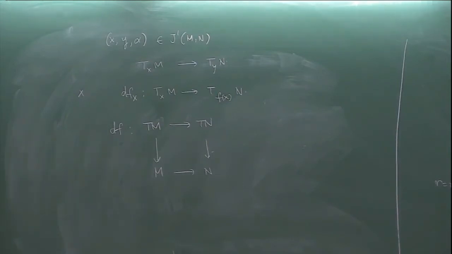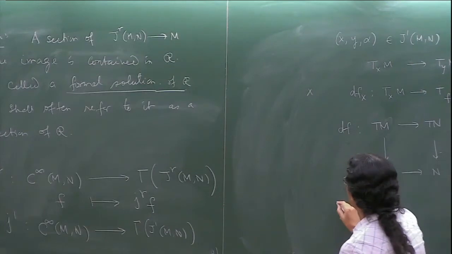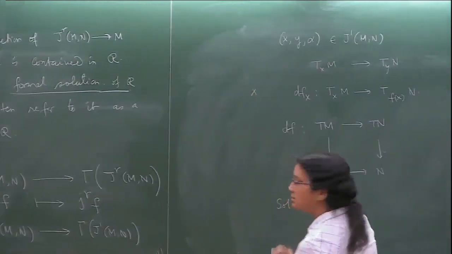Now see, we have defined something, solution of R, and here this is a formal solution of R. If you consider this map JR, what is solution of R?